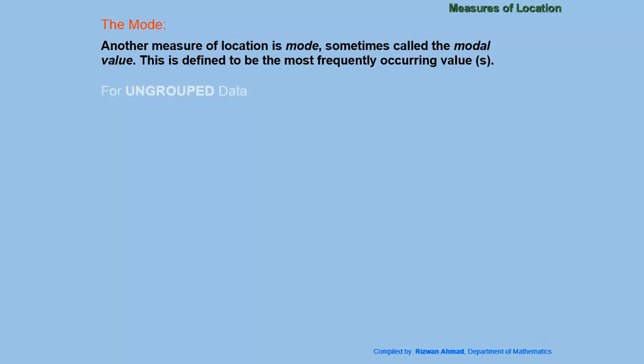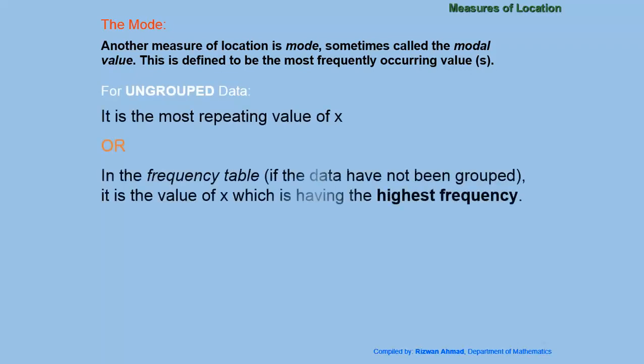So for ungrouped data, it is the most repeated value of x, or in case of a frequency table whose class size is 1, we can also find the mode as the x which has the highest frequency.